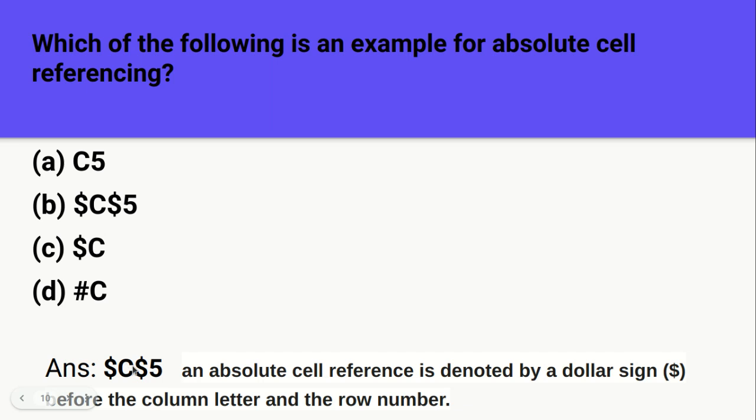In this case, this C is the column letter and 5 is the row number. So, this is the format of the absolute cell reference. That means first dollar symbol, then column letter and the row number.